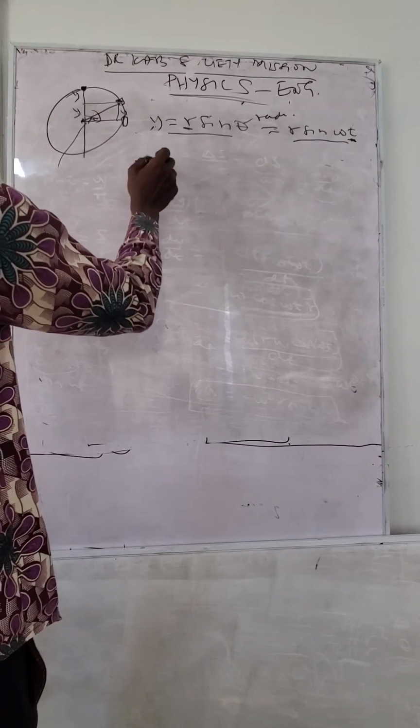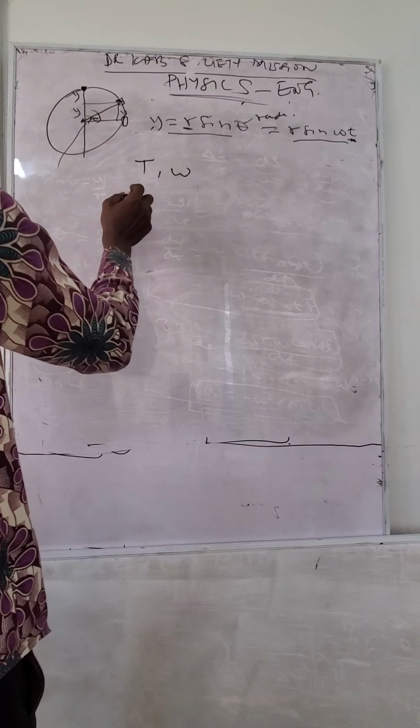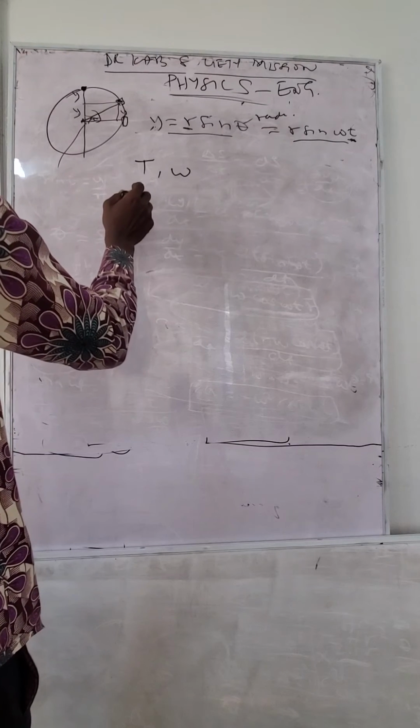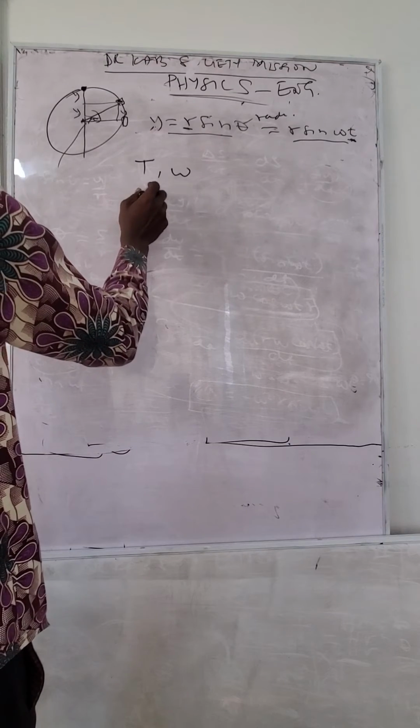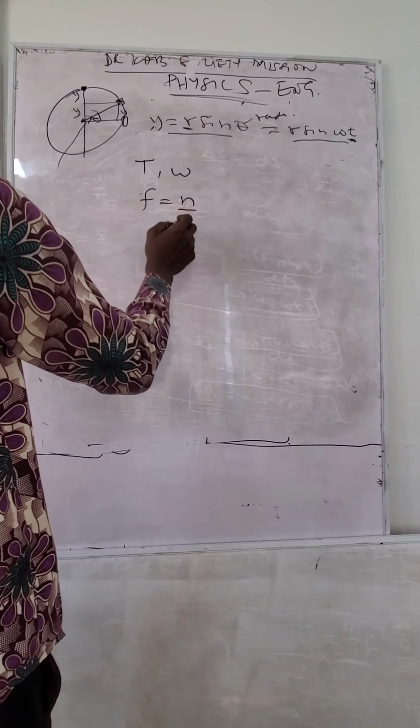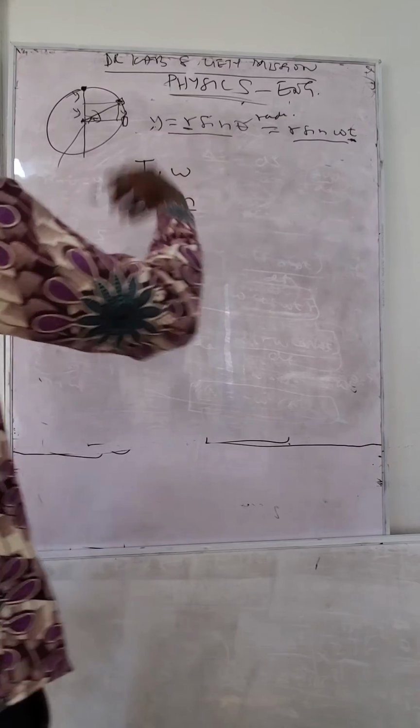Let's find the relation between T and omega. We know that frequency is equal to the number of cycles over time.